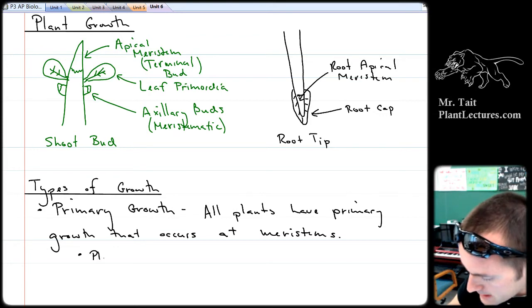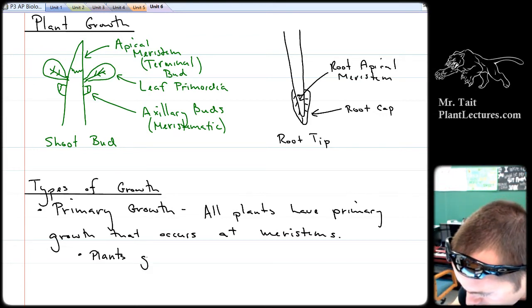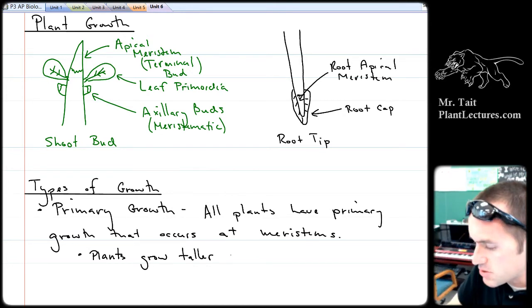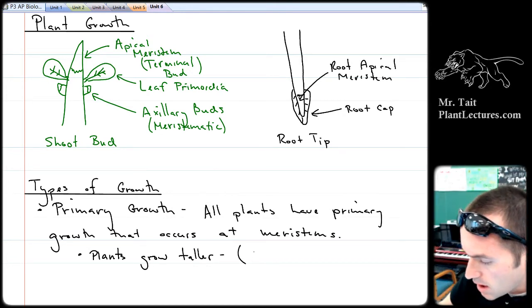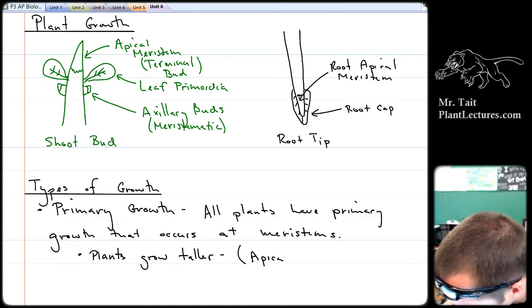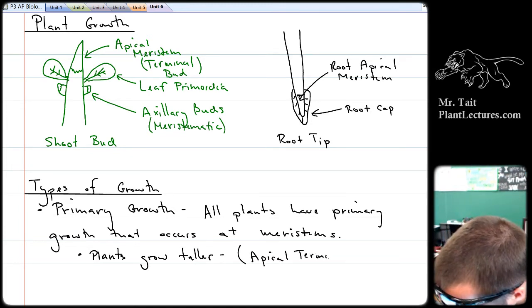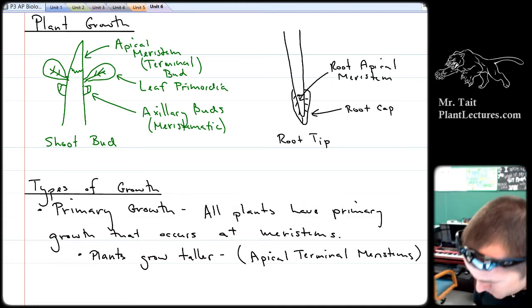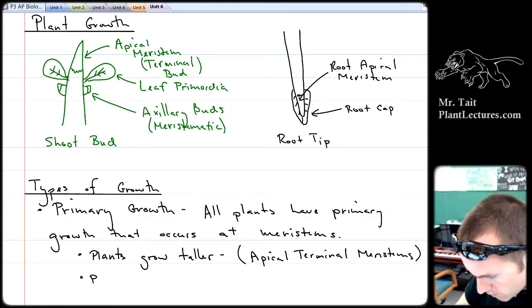Okay, so plants grow taller. As plants grow taller, that is the result of their apical terminal meristems. Plants grow deeper.